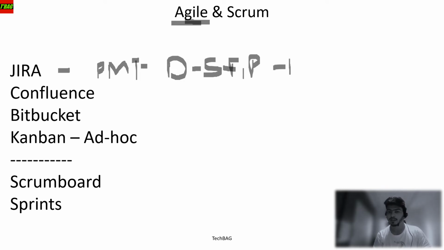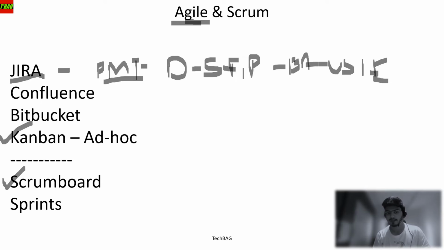The BA is the one who enters the user stories and also the epics in this Jira board. Jira can be set up as a Kanban board or Scrum board, and this project management tool helps the BA write user stories and epics into it.